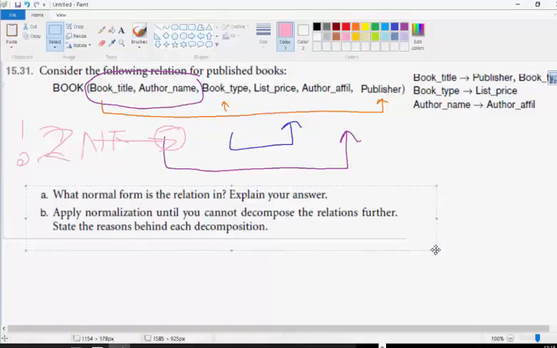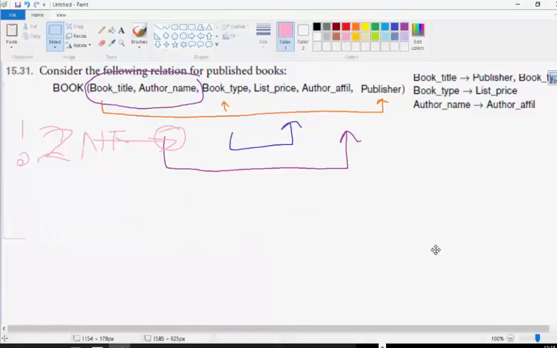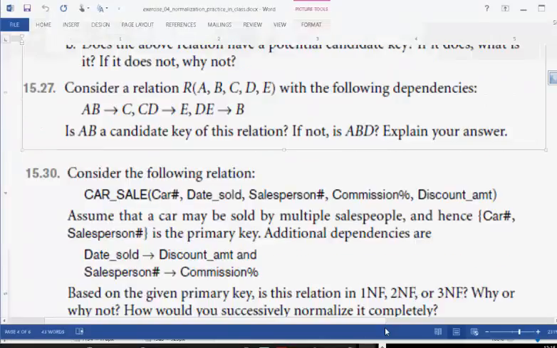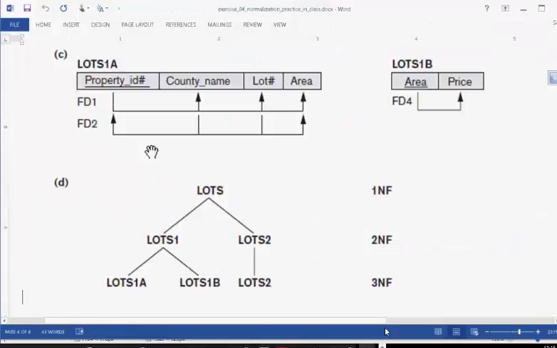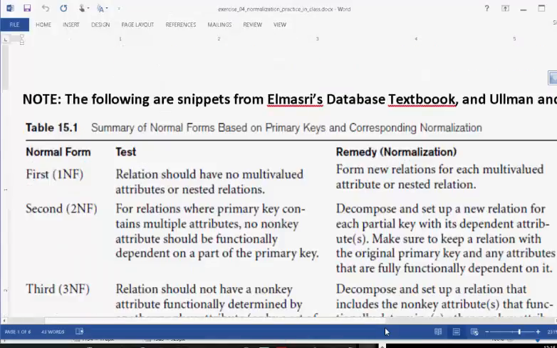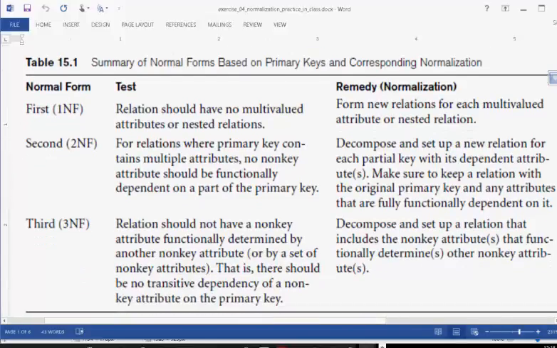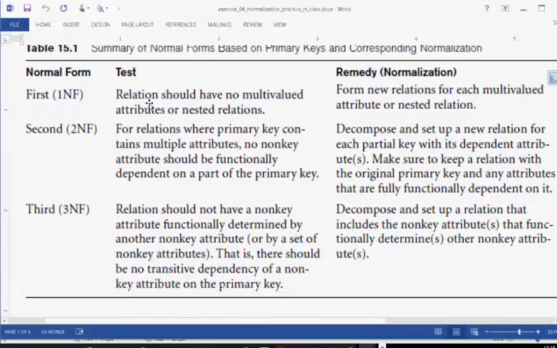So if I'm not in second normal form, I'm not even in third. I hope that the text actually recorded that. If you are in third, it means that you have already done your second.